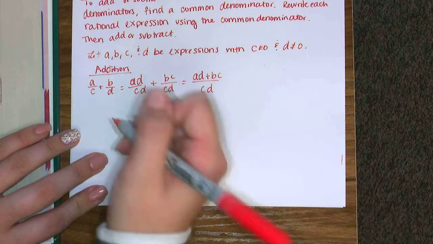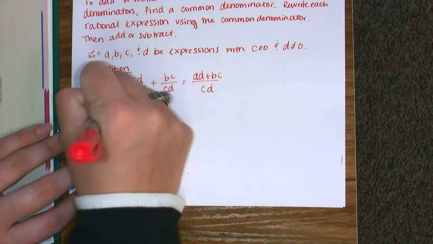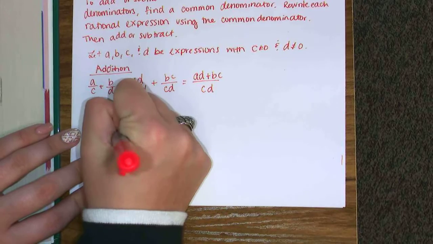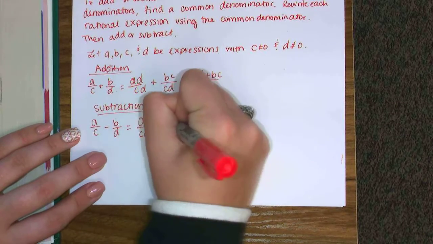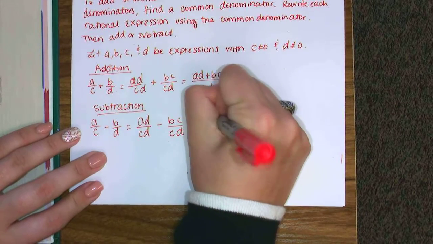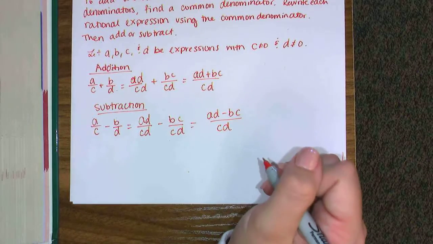And then for subtraction, A over C minus B over D is equal to AD over CD minus BC over CD. So AD minus BC over CD is ultimately what we get.